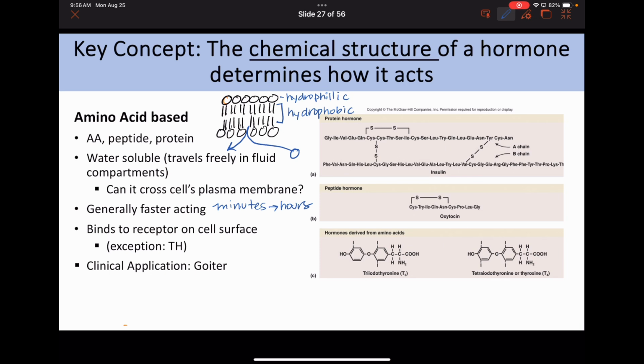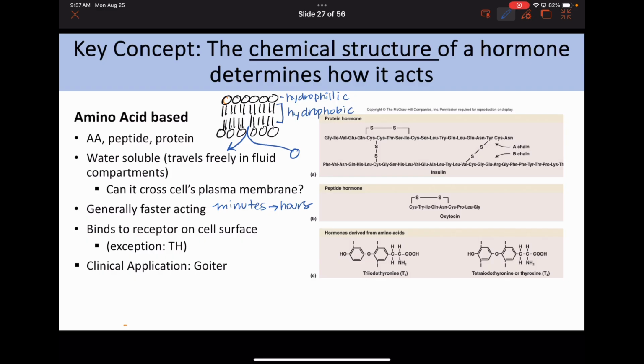One thing I forgot to elaborate on. Our amino acid-based hormones generally act from the outside of the cell, because amino acid-based things can't cross the plasma membrane because they're water soluble, and the hydrophobic tails wouldn't allow them to do so. But our thyroid hormone, which is only a single amino acid, very small, actually does cross the plasma membrane.